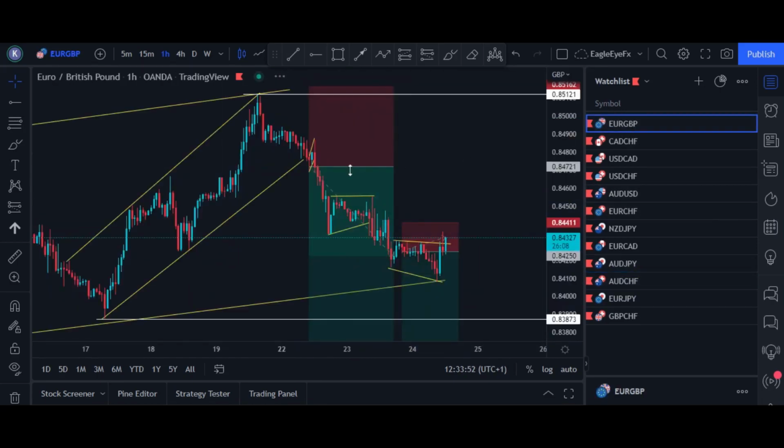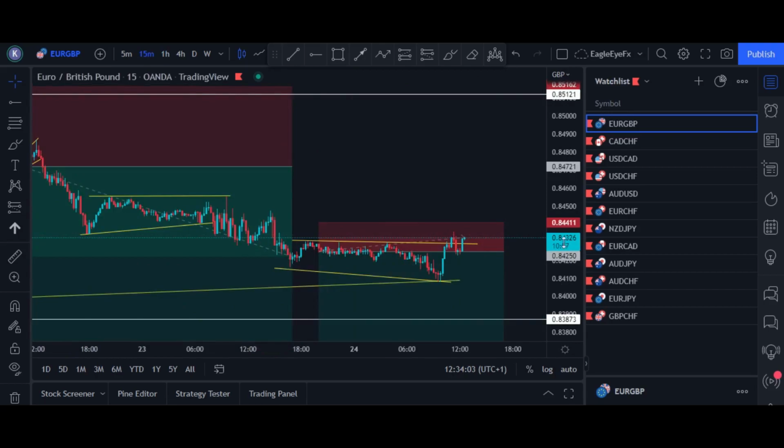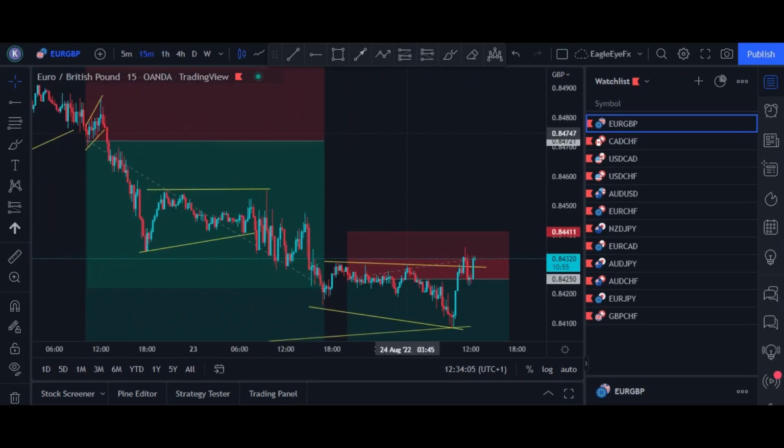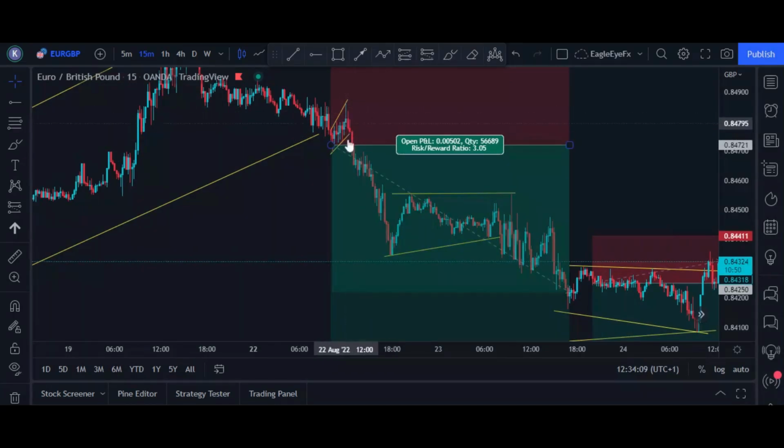Then the other one was a Euro GBP. This is a trade that I entered over here. You can see we had this ascending structure, then at the breakout there was this flag over here. If I show you from the 15 minute time frame, there was a very clean flag.